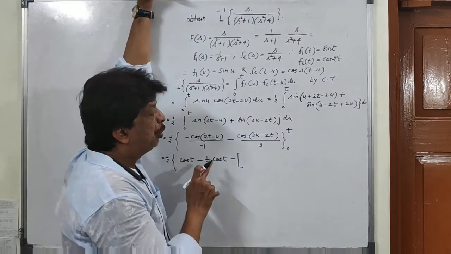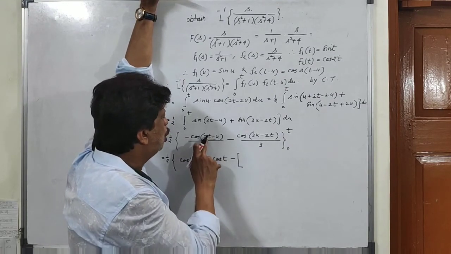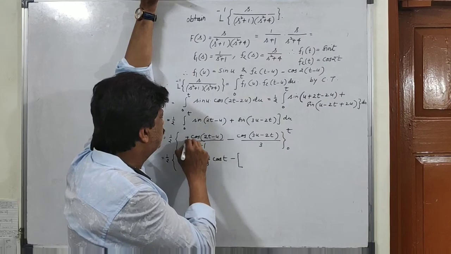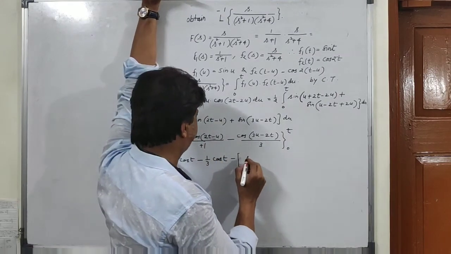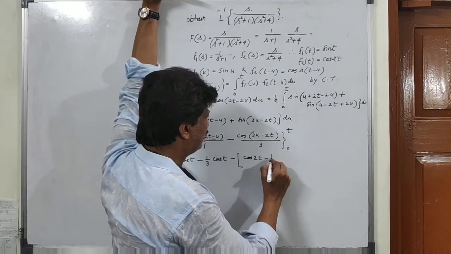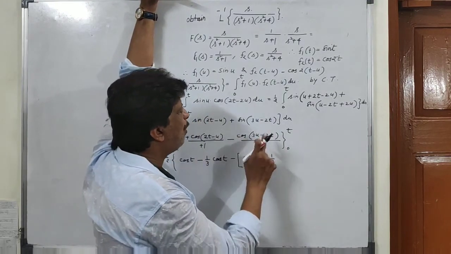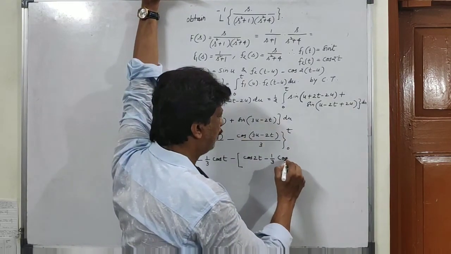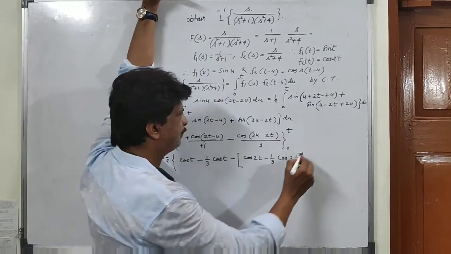Put now u equal to 0. This is plus, now u equal to 0: cos of 2t minus 1 by 3 times cos of 0 minus 2t. Cos of minus theta is same as cos of theta.